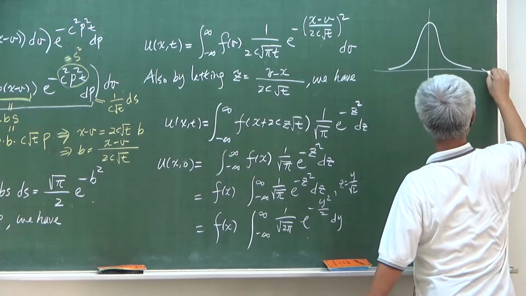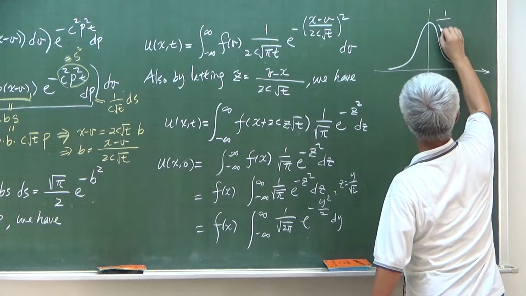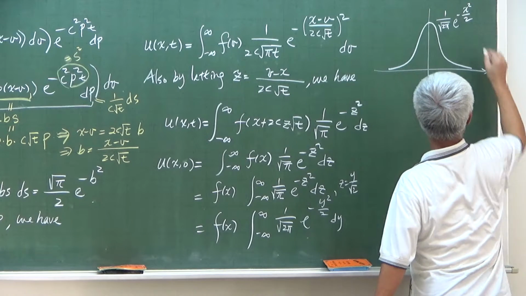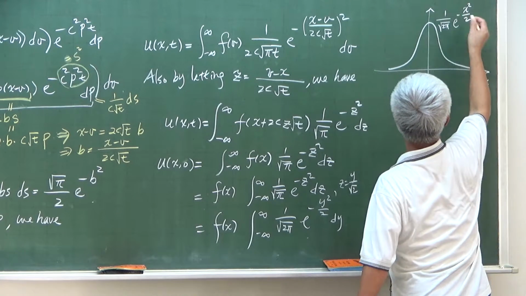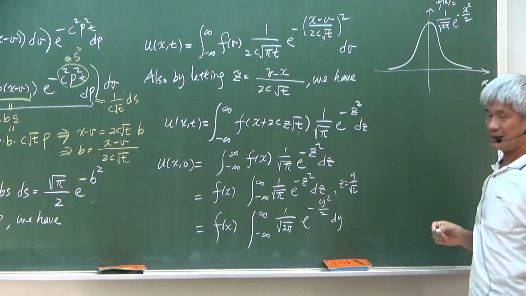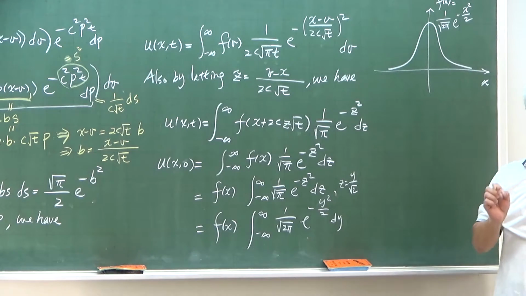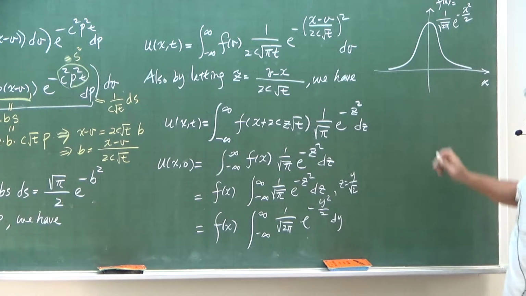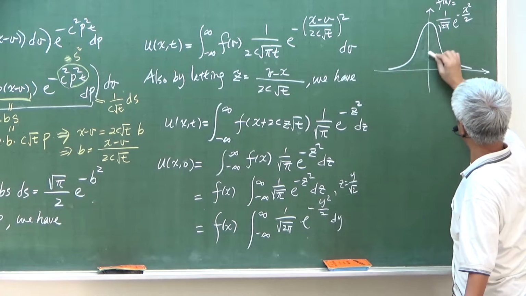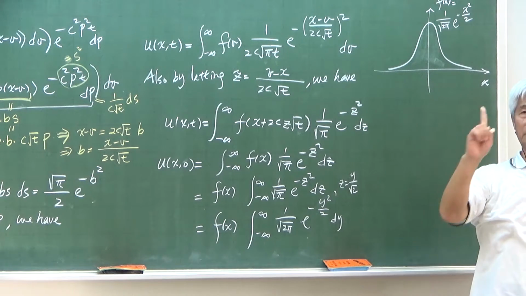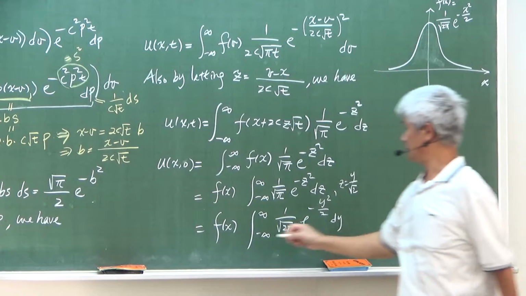Remember that? So this is the probability density function, the so-called standard normal distribution. And for any probability distribution, the total integration is equal to 1 because the total probability is equal to 1. Right? So you have f of x.